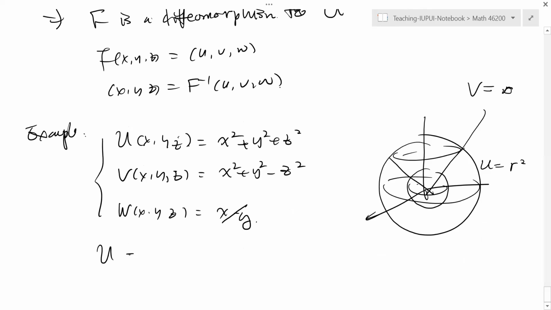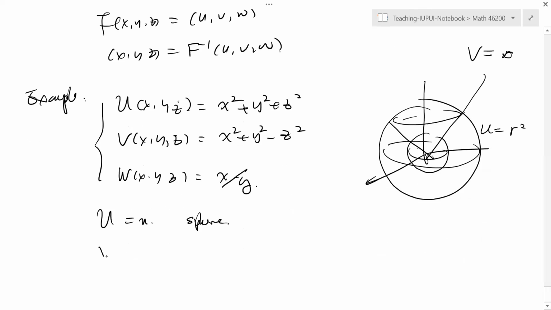Right, so U equals little u means it's a sphere. V equals little v. It's not necessarily a cone, but it's a parabolic... not exactly. So that means z is going to be x squared plus y squared minus v.